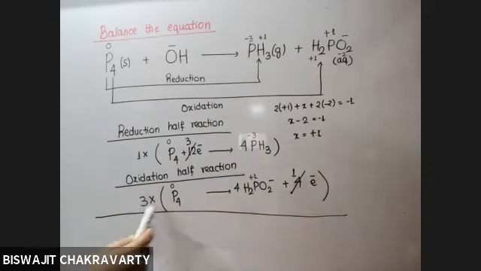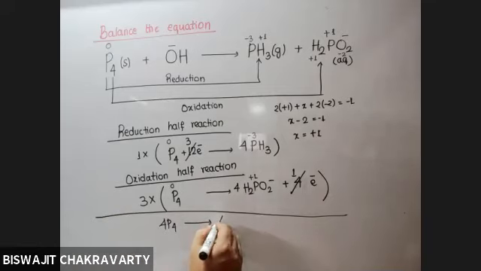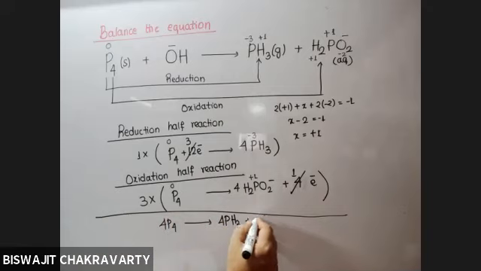One P4 plus 3 P4. Can we write 4 P4? Yes, sir. 4 PH3, 12 H2PO2 minus, isn't it?